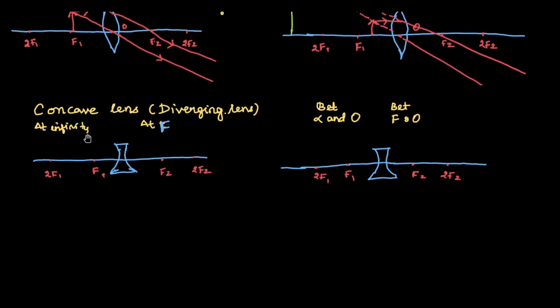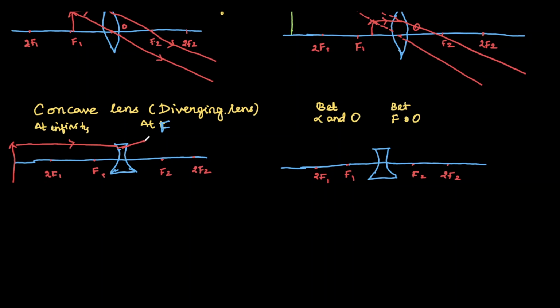So coming to the concave lens. Concave lens is a diverging lens. When we keep the object at infinity, the light ray parallel to the principal axis gets diverted like this, since the concave lens is a diverging lens.